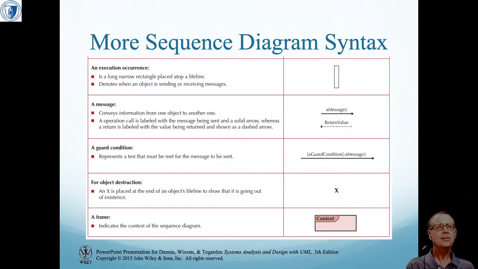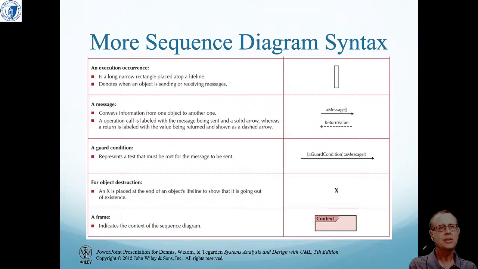Then there are messages, right? You have a solid message going one way and a dashed line message going the other. These generally mean synchronous messages, but you can also represent asynchronous message passing. Sometimes you get a guard condition, right?